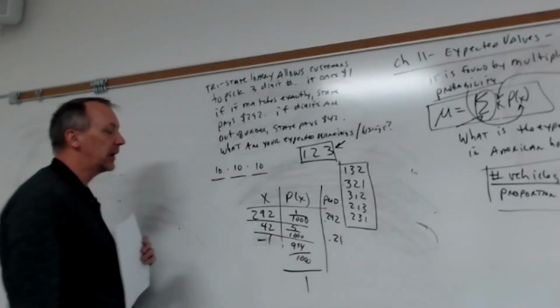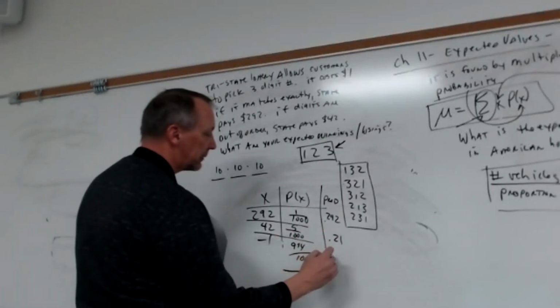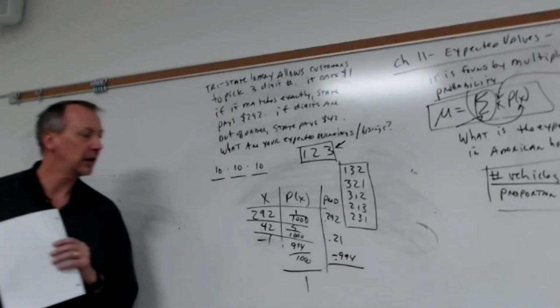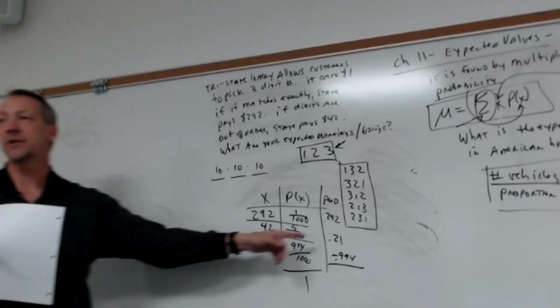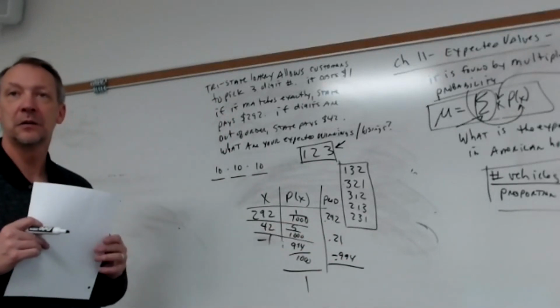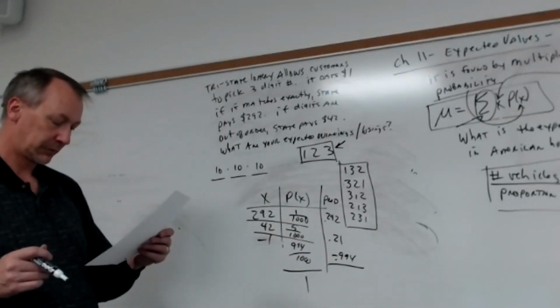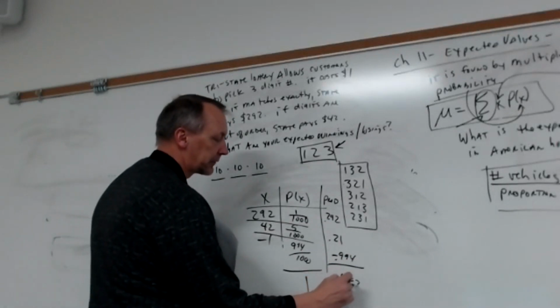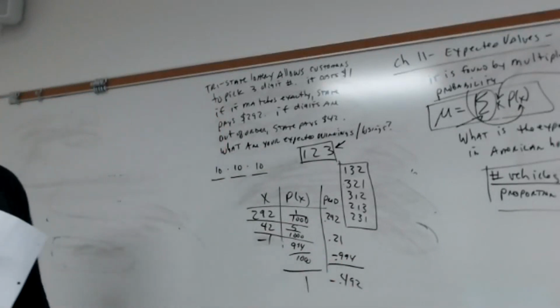And negative 1 times 994 is negative 0.994. Then we sum all those up. What do I get? I think I got negative 0.492. So what does that mean?